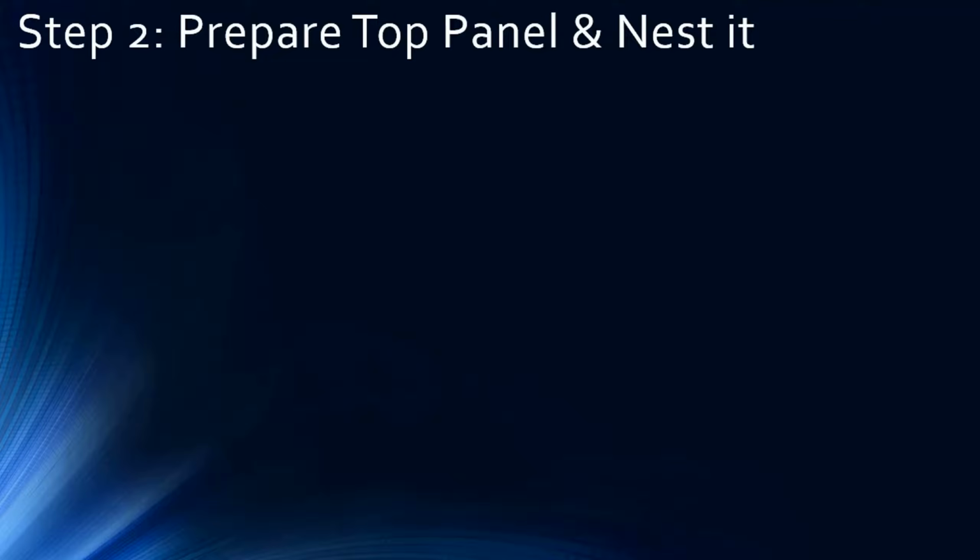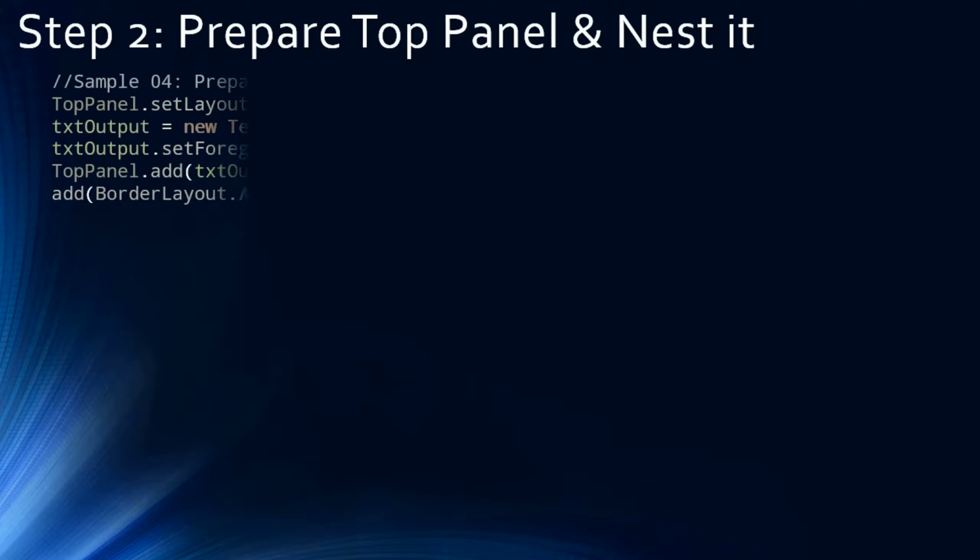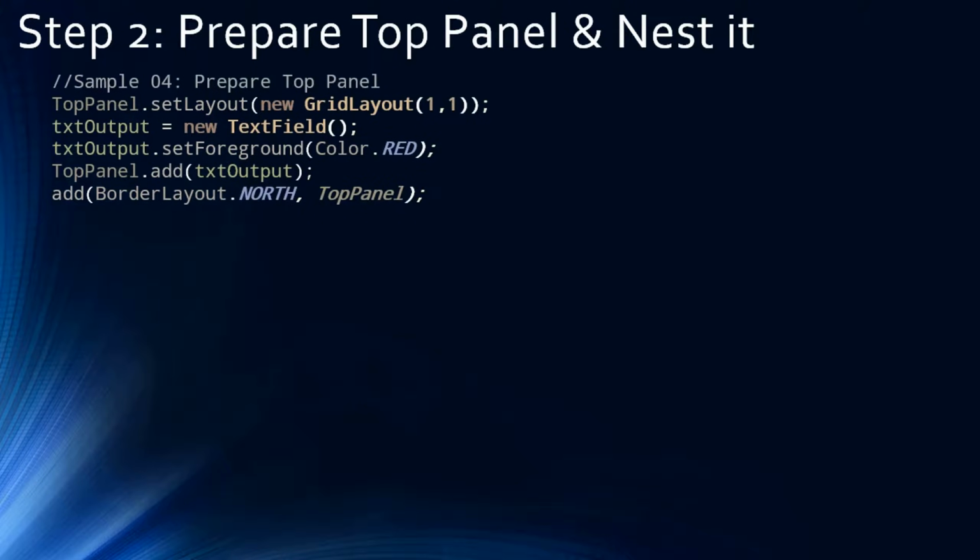Next, we will prepare the top panel and nest it to our frame window. Then we will go to Eclipse and see how it looks before proceeding with the next step. So in the previous step we created two panels, right?